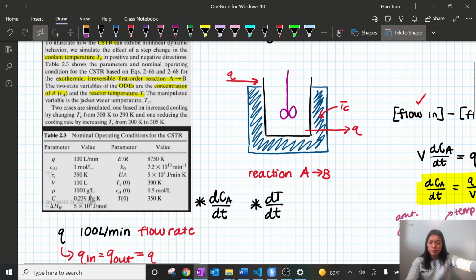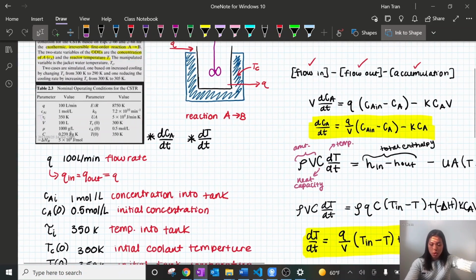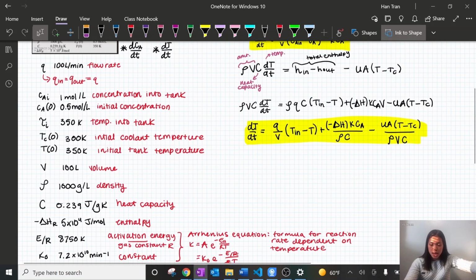One by changing the coolant temperature from 300 to 290, and one by changing the coolant temperature from 300 to 305.